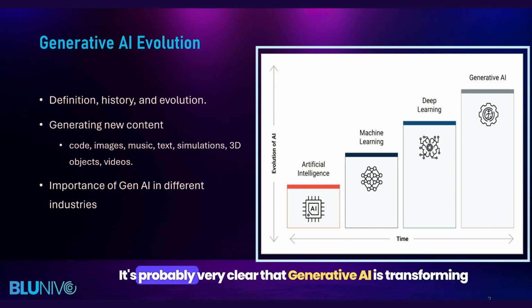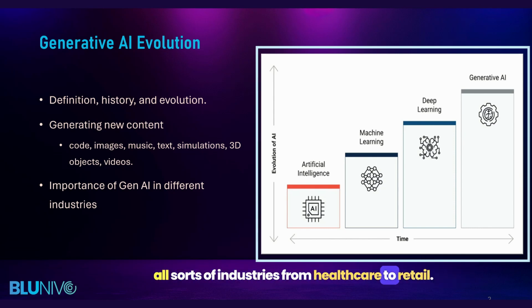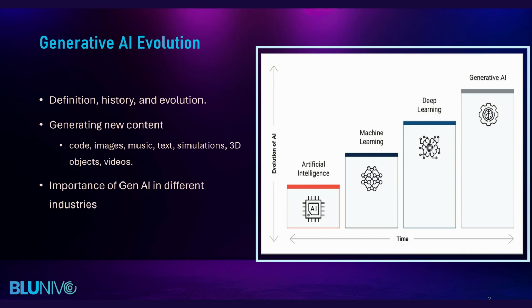It's probably very clear that generative AI is transforming all sorts of industries, from healthcare to retail. In healthcare, for example, it's helping doctors identify diseases early or even customize treatments for patients. We also see it in finance, where it's catching fraud and predicting market trends.